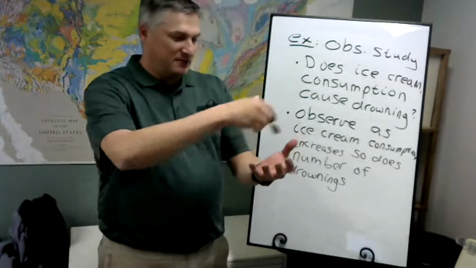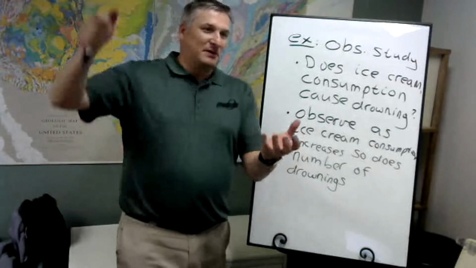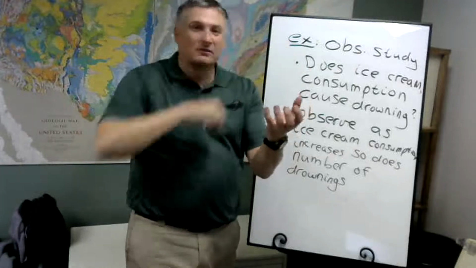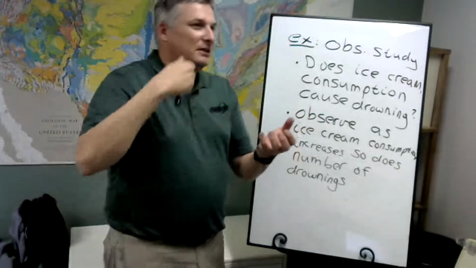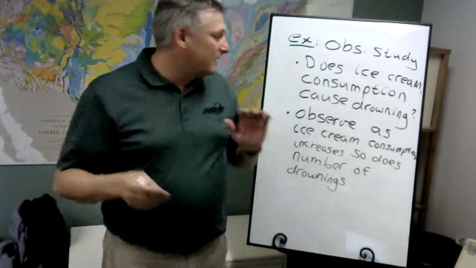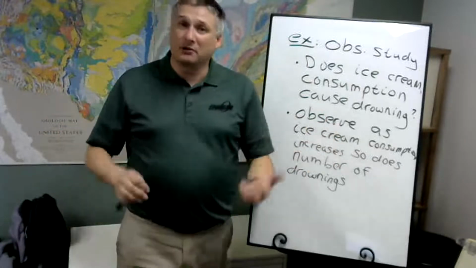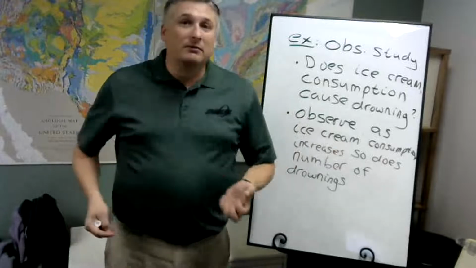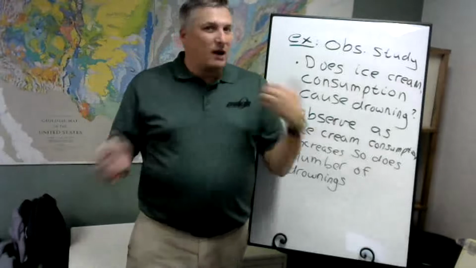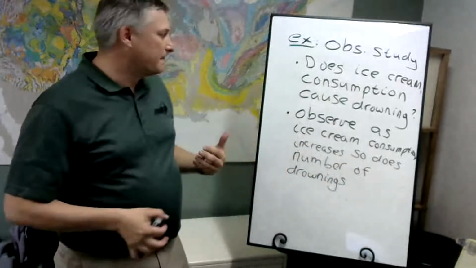So I get some vanilla ice cream, get some of the hot chocolate, pour the sauce on there. It gets all hardened because of the cold ice cream, and I'm eating it, and I have to suddenly realize, because I'm doing this, I have increased the chance I could die of drowning, perhaps even in my own living room on that couch. Well, again, this is a causation correlation issue.